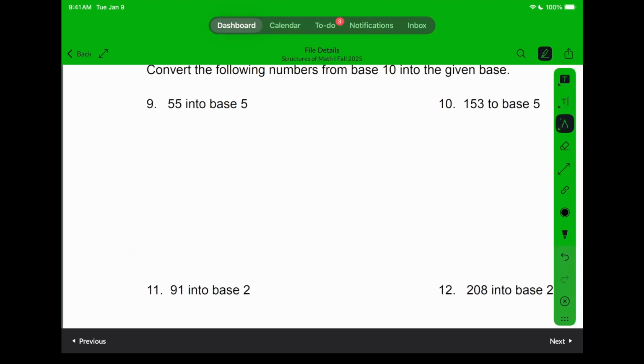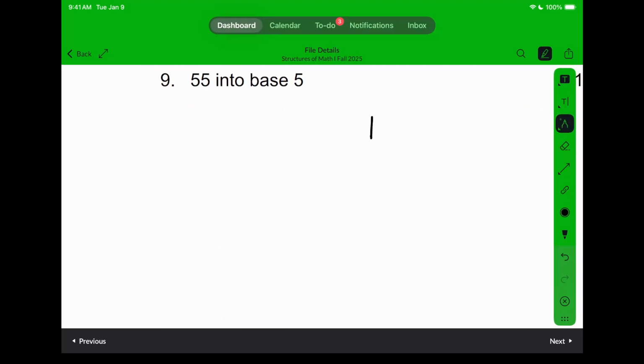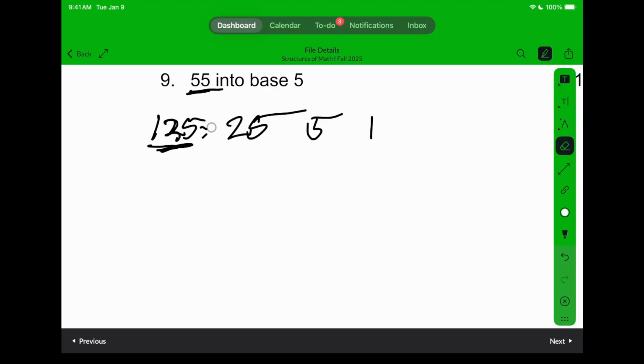The next thing up would be 25, 5 of these. 5 of those would be 125. We don't have to go higher than this because our number is only 55. This is already too big.